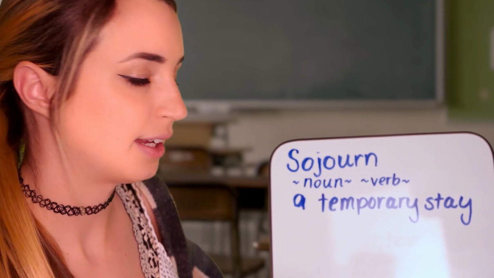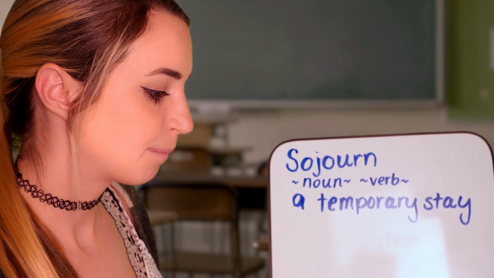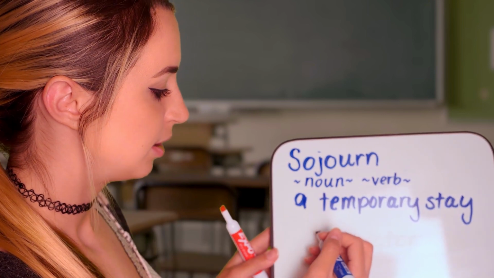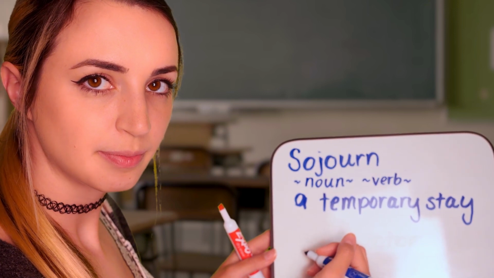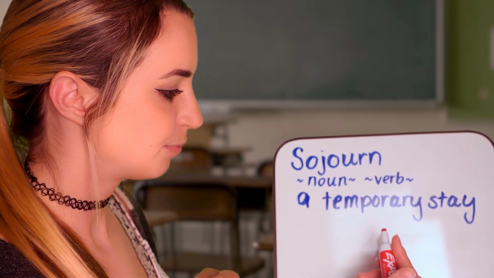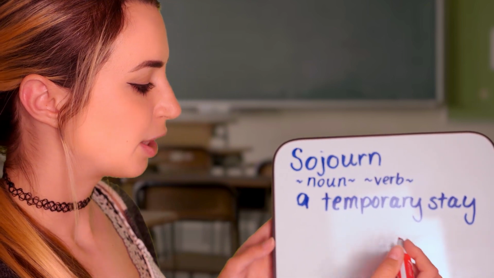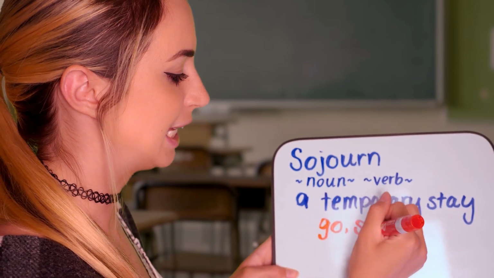Let's go ahead and write some synonyms and antonyms. Are you having problems with the antonyms? Well, I think you could do things like go, or you could do a word like stay.